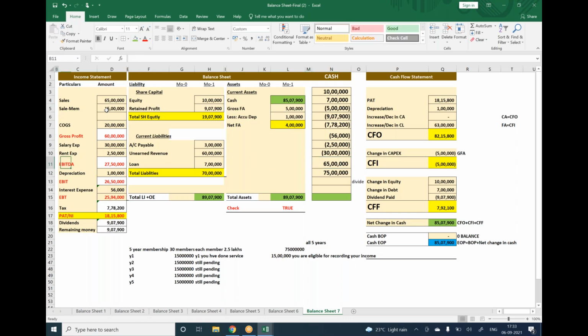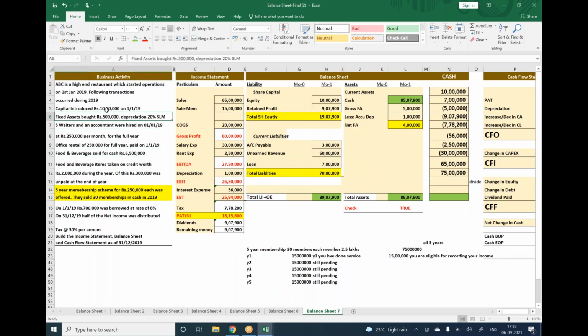But there is some credit, right? Food and beverages were taken on credit worth 20 lakhs.